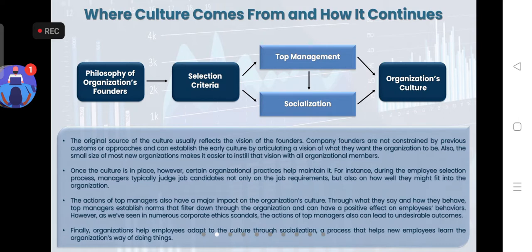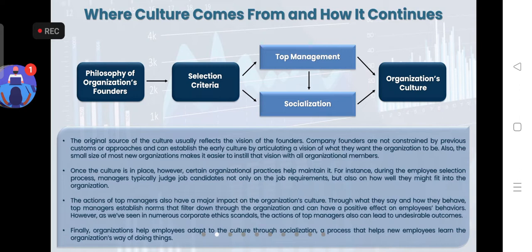At the same time, job candidates find out information about the organization and determine whether they are comfortable with what they see. So that's how it works with the selection criteria. Now let's look at top management. The actions of top managers also have a major impact on the organization's culture.